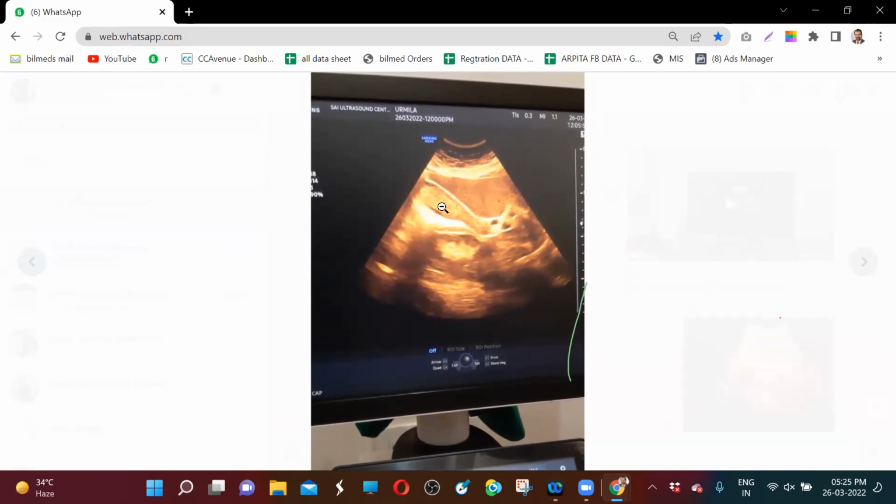What will that look like? Think. If the whole of the gallbladder is not having the sludge and only some part is having sludge, and that sludge is having more echogenicity, more dense, what will that look like?